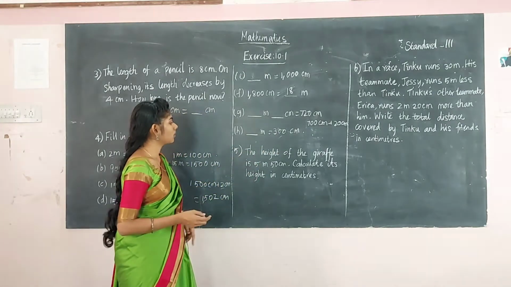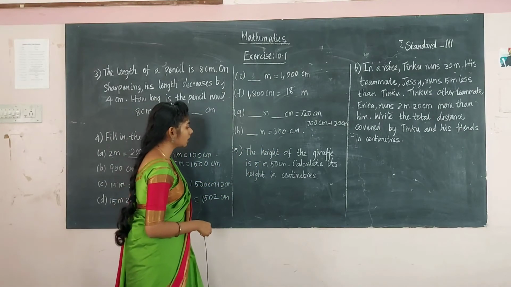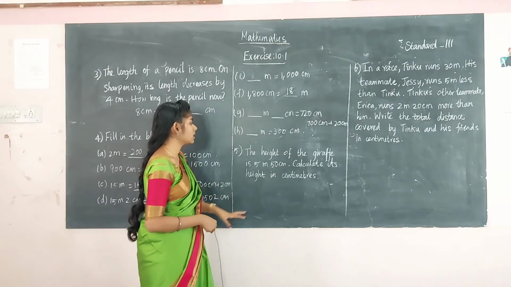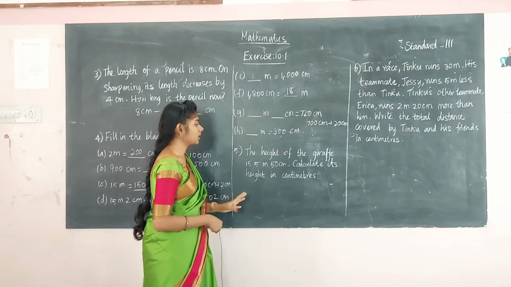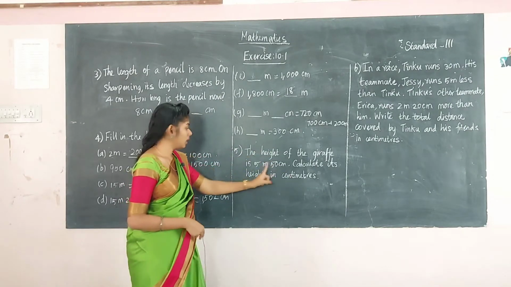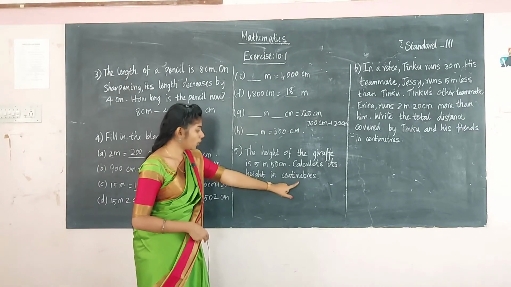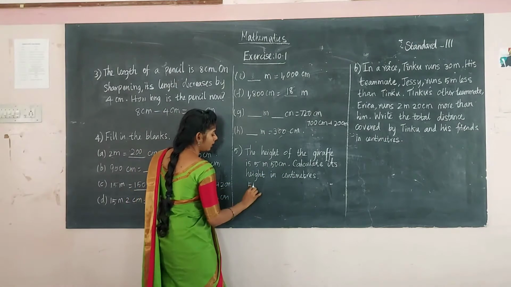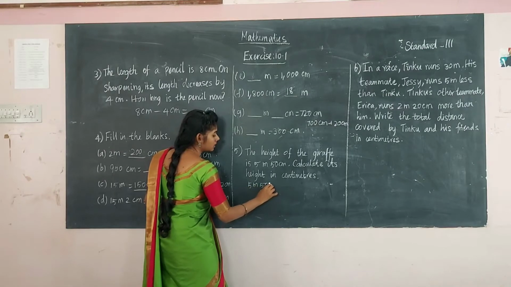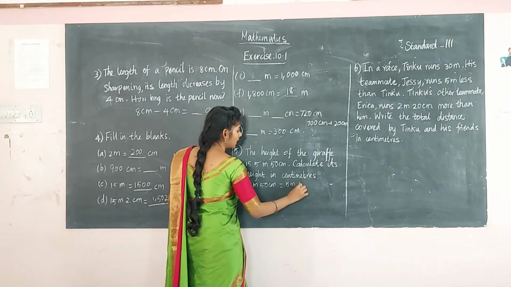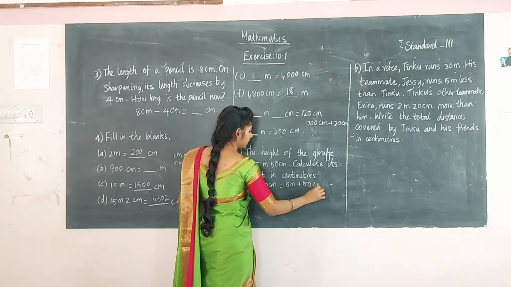And the next problem, the height of the giraffe is 5 meter 50 centimeter. Calculate its height in centimeters. Here it is given in meter and in centimeter. You are going to find the height of the giraffe in centimeters. Here 2 units are given. You are going to find it for the 1 unit alone. So how will you write that? 5 meter plus 50 centimeter.